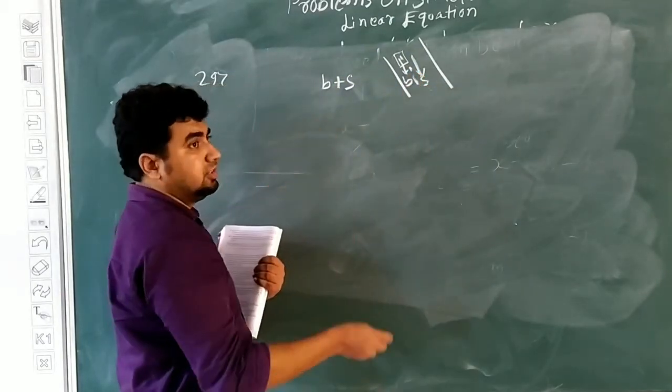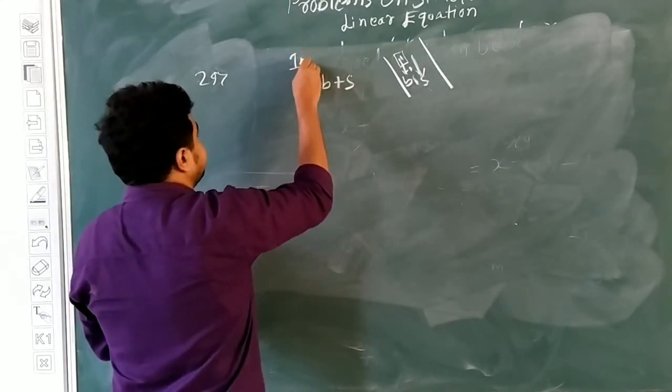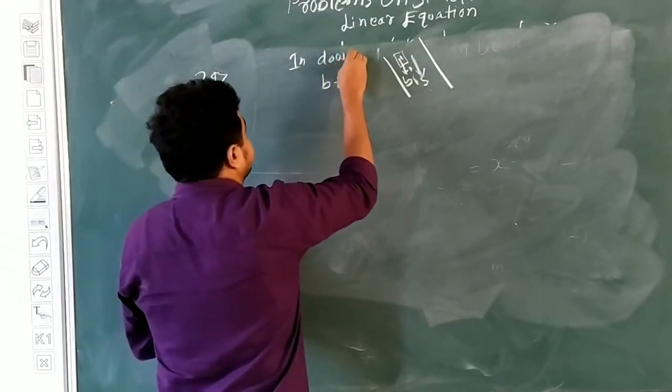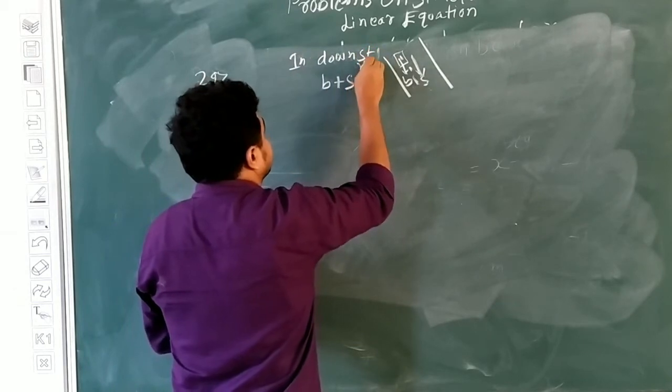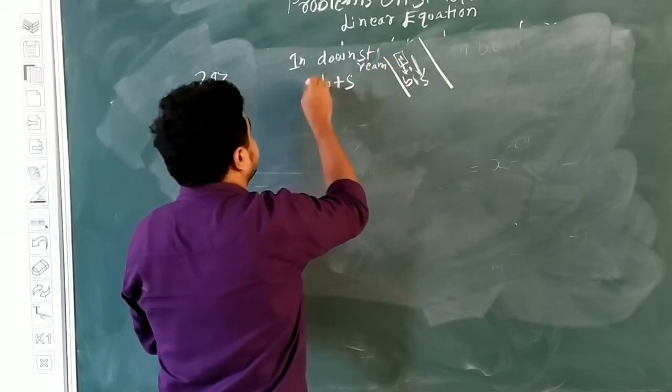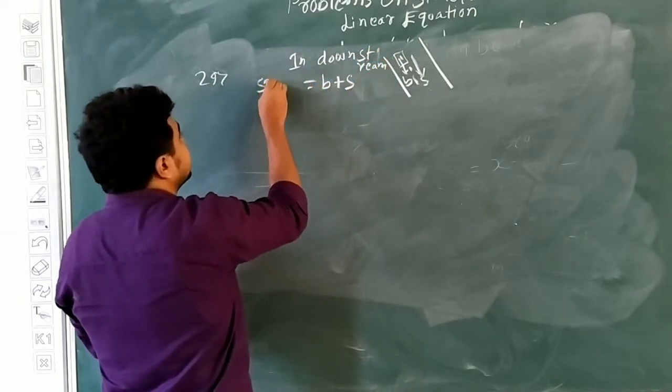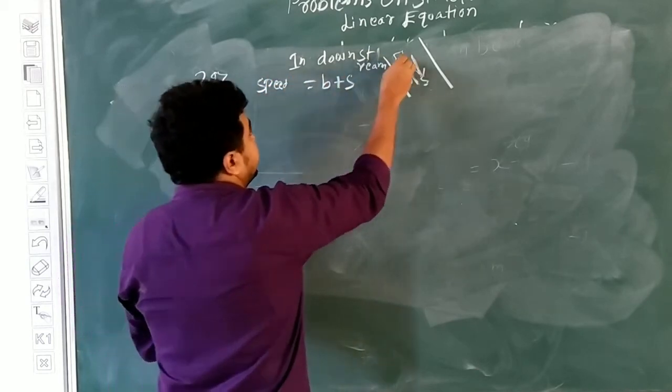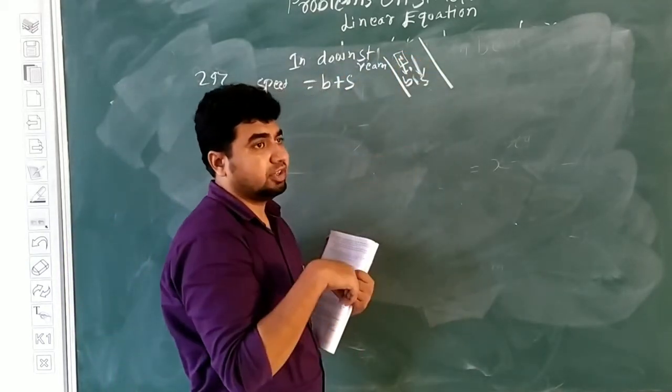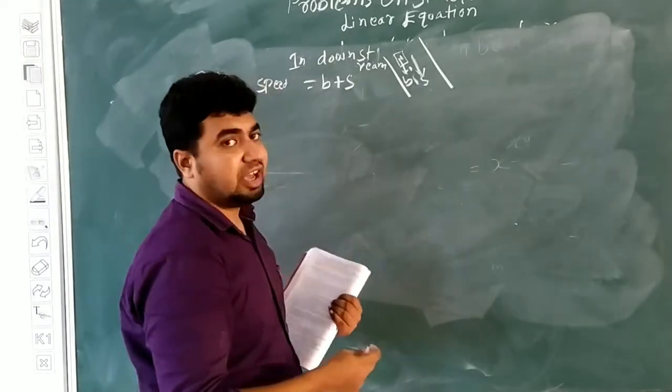So in downstream it will become v plus s. This will be the speed. Boat speed is v and the speed of the stream is s, so v plus s, it will be added.